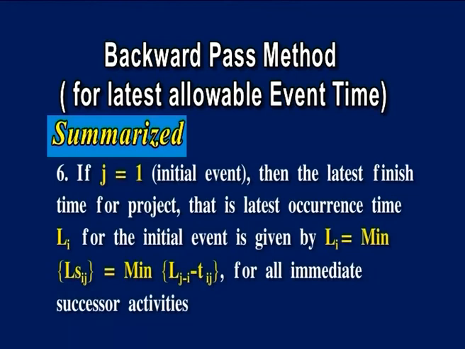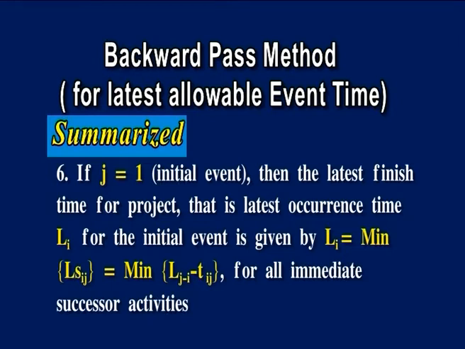Sixth, if j is equal to 1, that is the initial event, then the latest finish time for the project, that is the latest occurrence time L of I for the initial event, is given by L1 is equal to min of Ls of ij, equal to min of L of j minus T of ij, for all immediate successor activities.